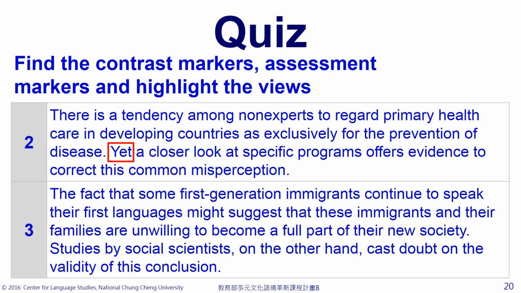Here are the answers. As can be seen in the sentence, the contrast marker yet, on the other hand, are used to indicate where the first view ends, and the assessment markers, misperception, doubt, and validity, are used to show the disapproval of the views.